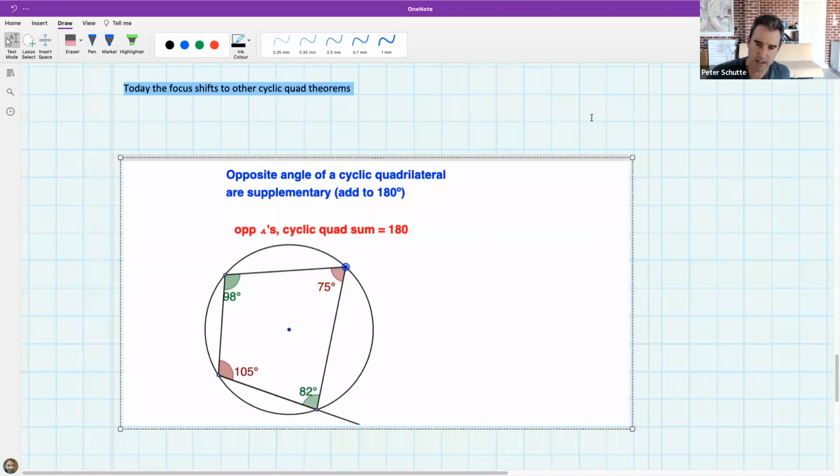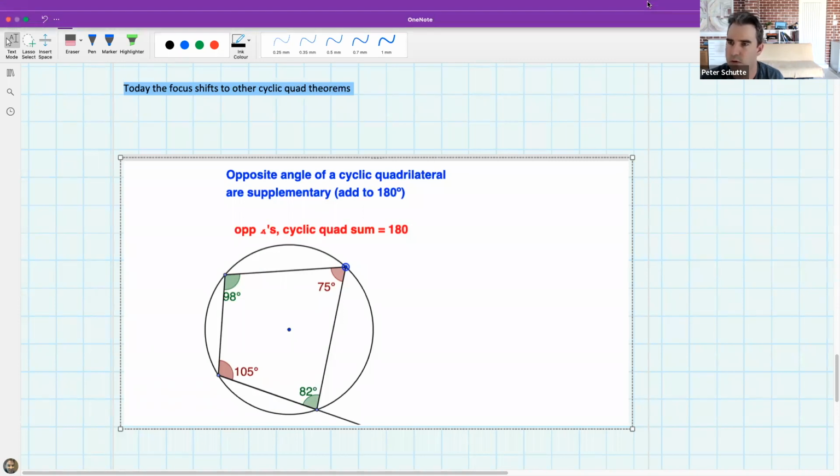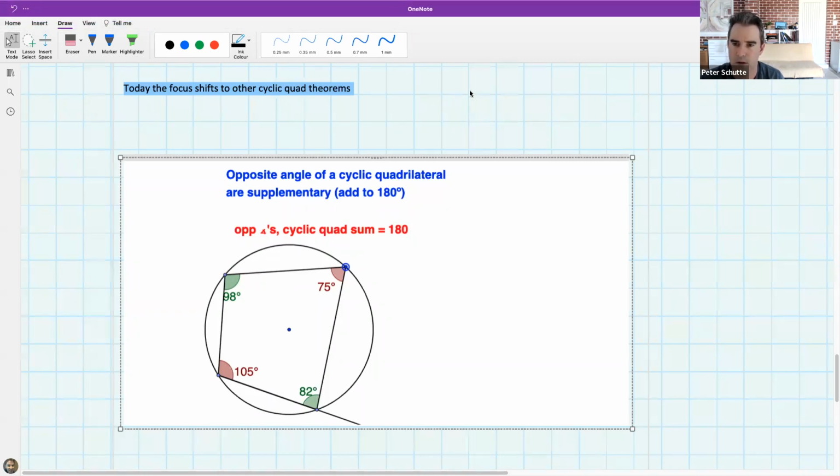Which two angles add up to 180? If we had to try and put it into words, would anybody like to unmute themselves or try and put it in the chat? How would you say this in words? Which angles add up to 180 is kind of what I'm looking for. Sakila has said opposite angles add up to 180. I'm almost there.